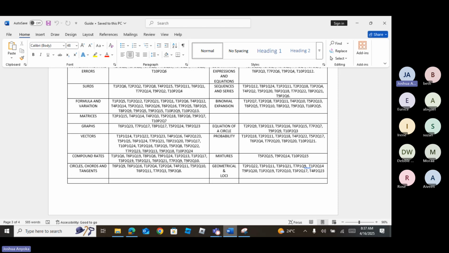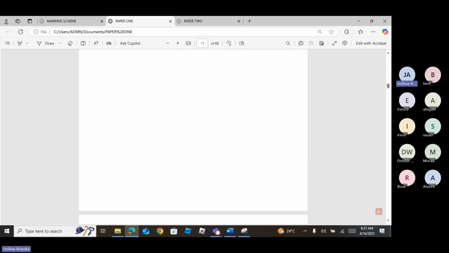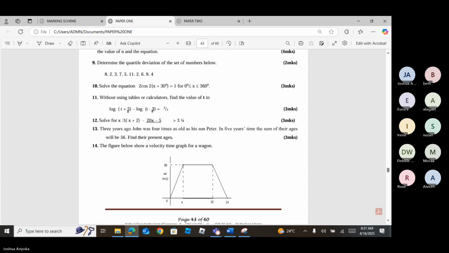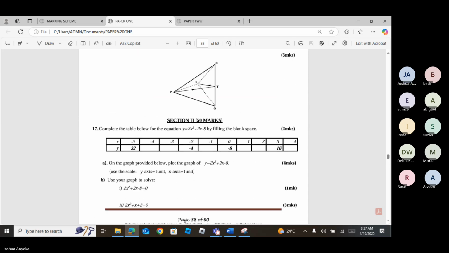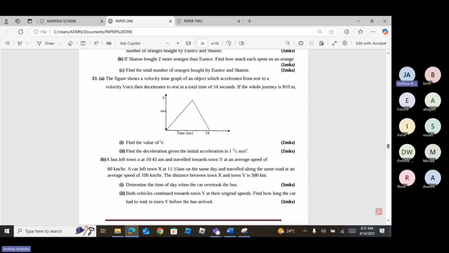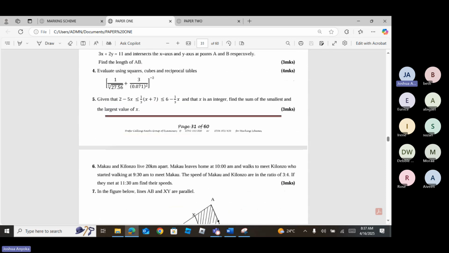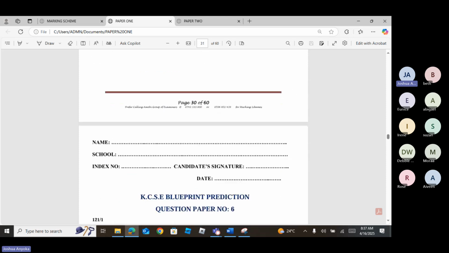Let us see whether it has column vectors.